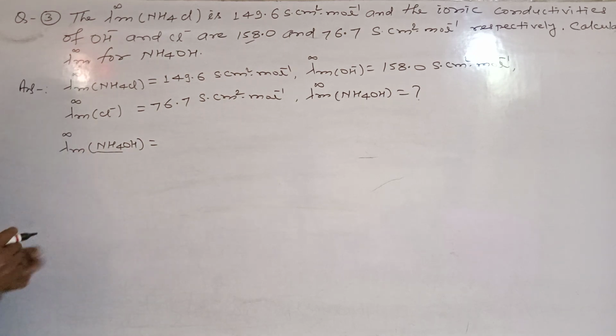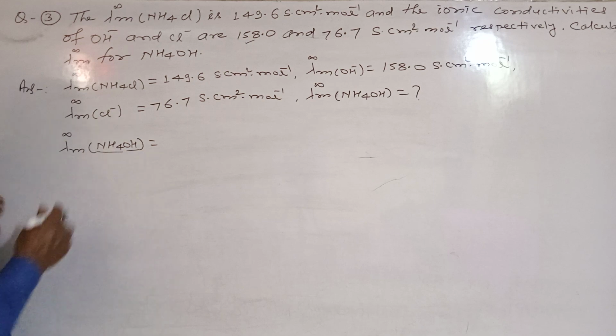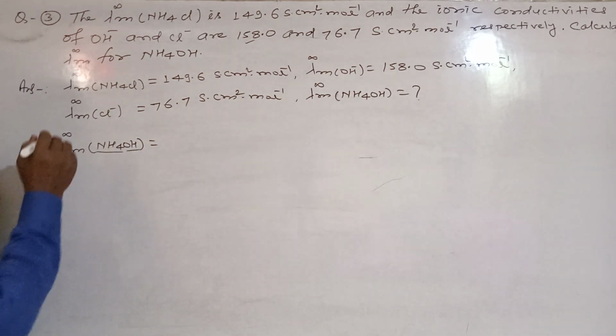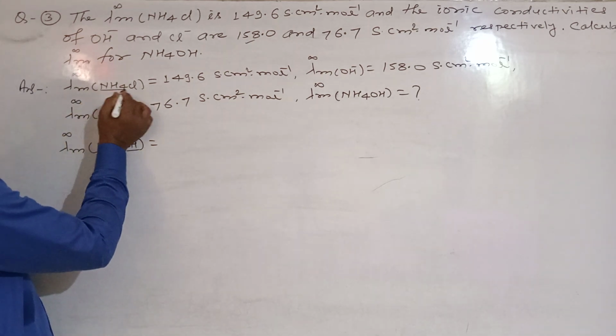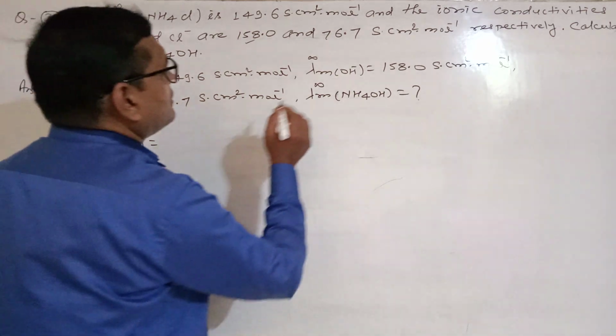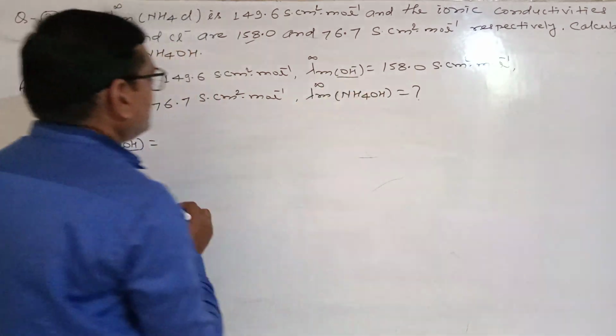Ammonium ion is the positive ion and hydroxyl ion is the negative ion. Ammonium ion is present in ammonium chloride and hydroxyl ion is present here.